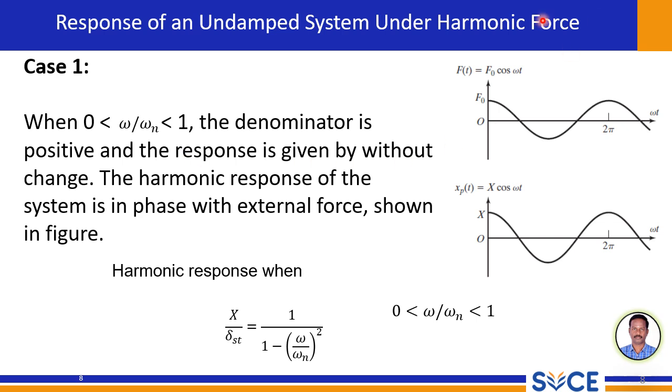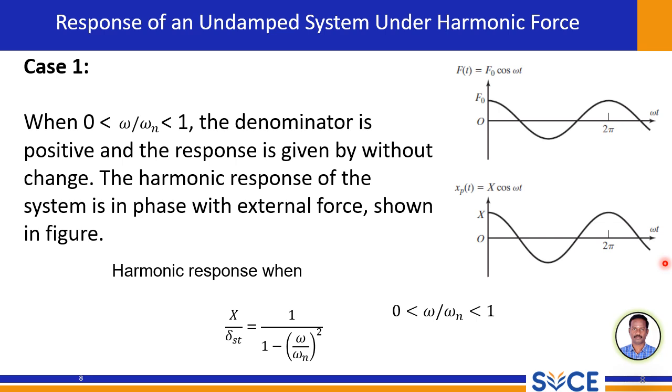Then the denominator in the equation of the magnification factor is positive. That is, if omega is lesser than omega n, the entire value will become positive. That is, the magnification factor is positive. The response of the system is given without any change.